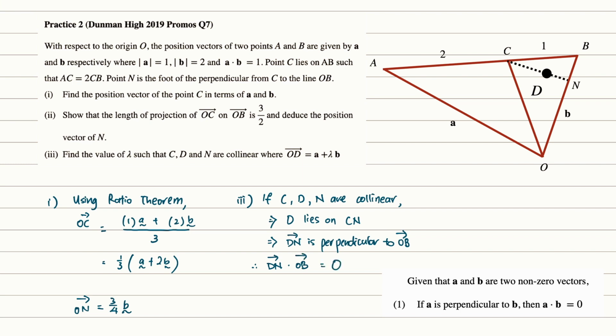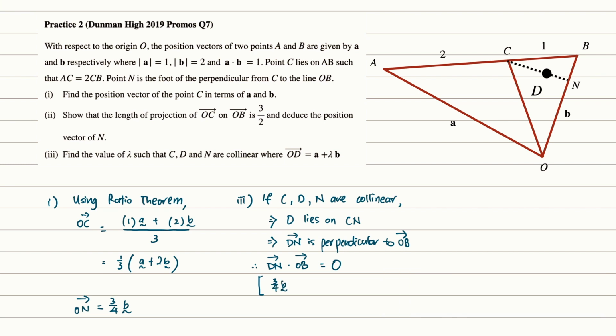Now since we have the position vector of OD, we can then find what DN is by using 3/4 B minus A plus lambda B dot B is equals to 0. Let's try to simplify this expression by multiplying B into the brackets. So we will have 3/4 modulus of B squared minus A dot B plus lambda modulus of B squared equals to 0.